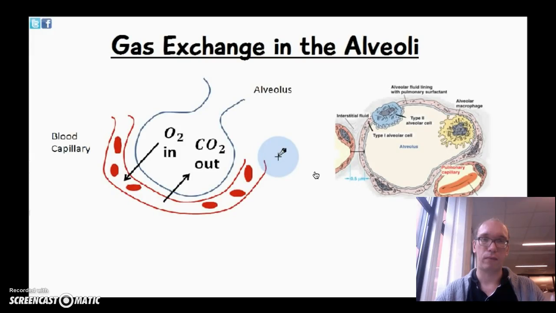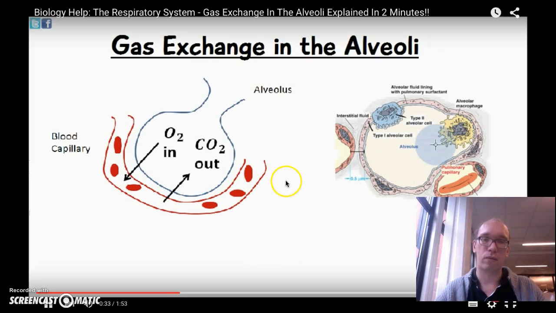Today's video will be talking about the process of gas exchange in the alveoli of the lungs. Now, I've included two pictures here, and this is a very simplified image showing you how the process of gas exchange will occur. Now, you know that this is going to be the airspace, also this will be an airspace too, in the alveolar sac, and when we inhale air, it's going to fill with air, which is one of high oxygen content.